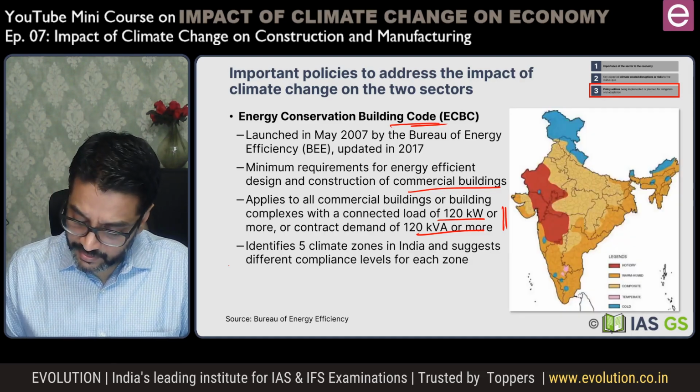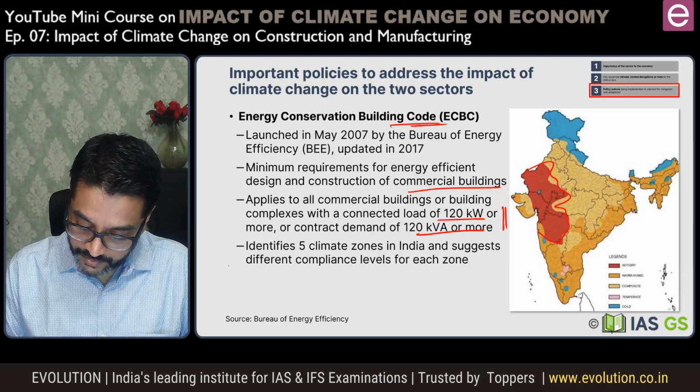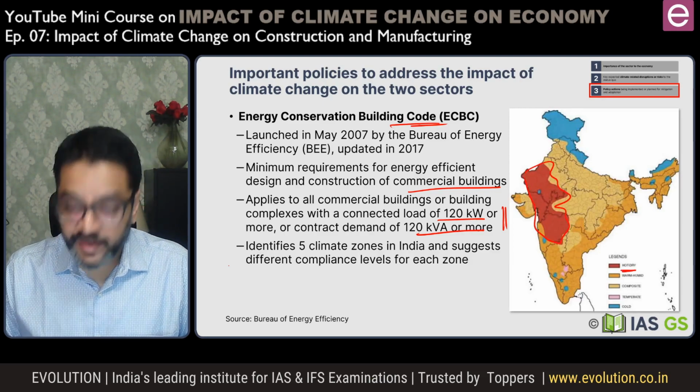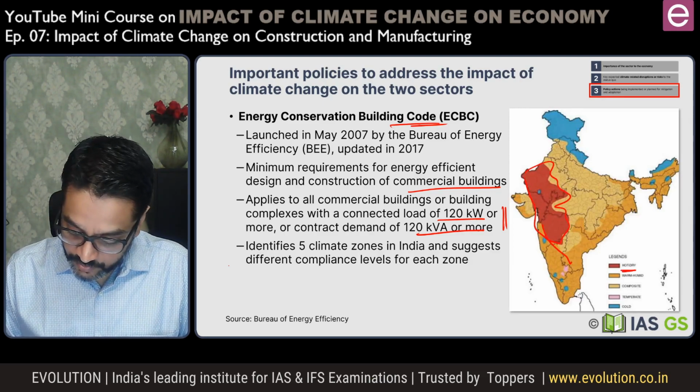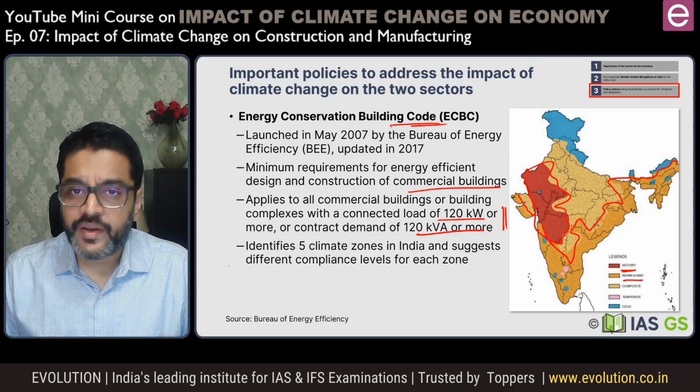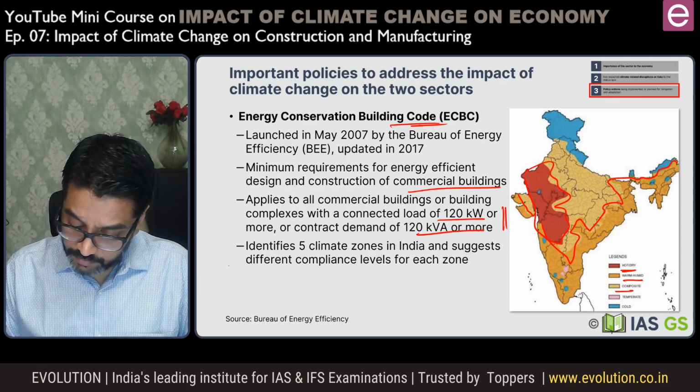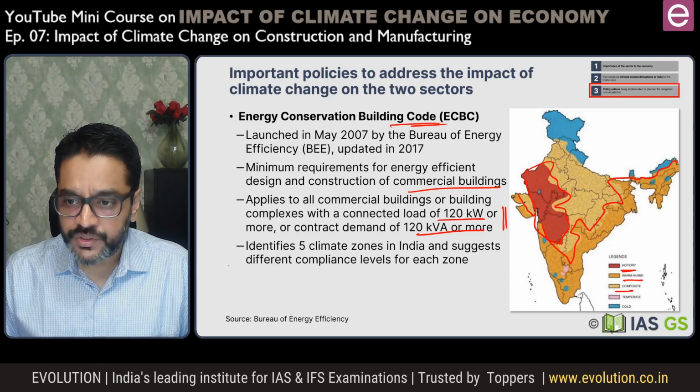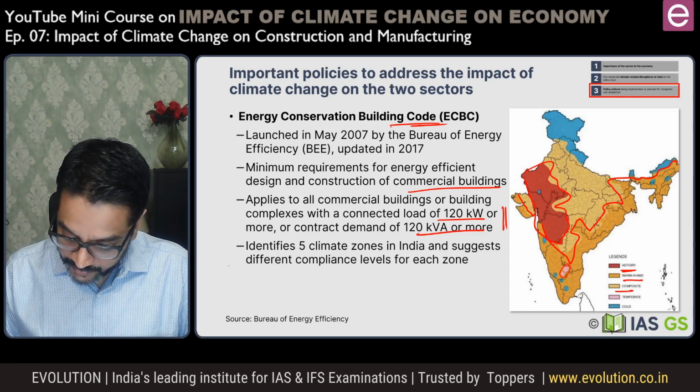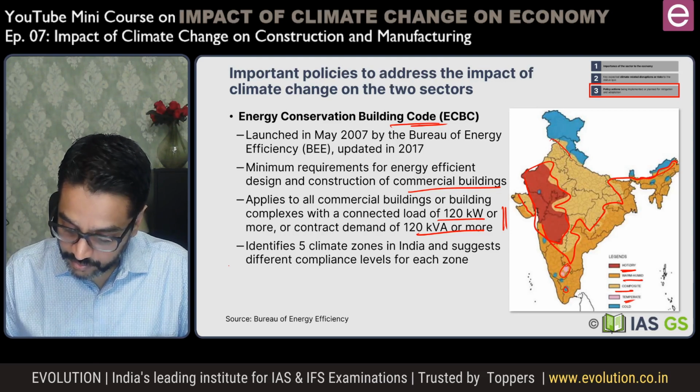So these are the 5 climatic zones. This is the hot and dry zone, the large orange one, and here this is the warm and humid zone. The other yellow part is called the composite zone. Then there are small pockets which are called temperate zones, and then very few here, and then in the northeast some pockets.